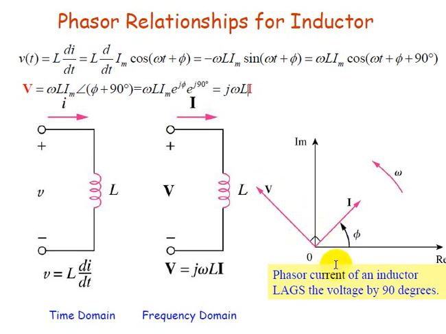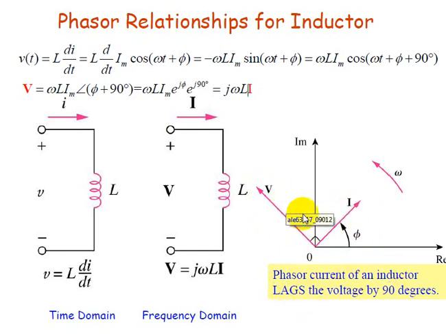As long as the voltage angle is higher than the current angle, we call it the phasor current of an inductor lags.